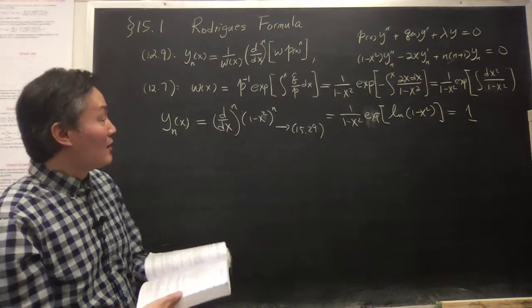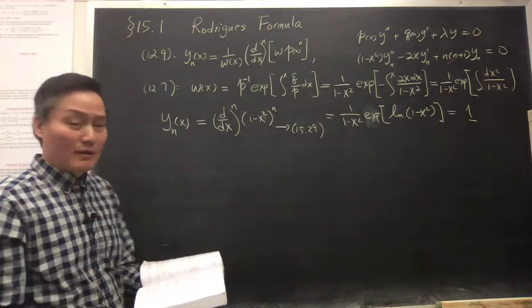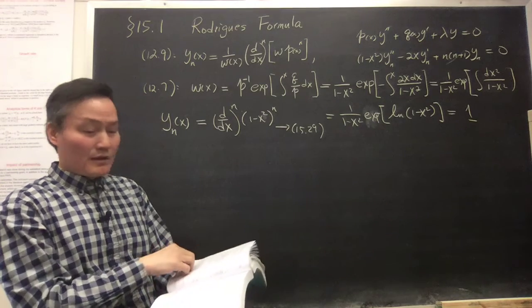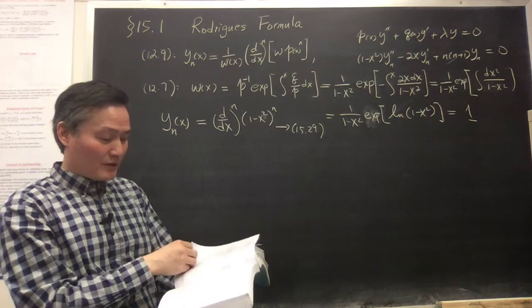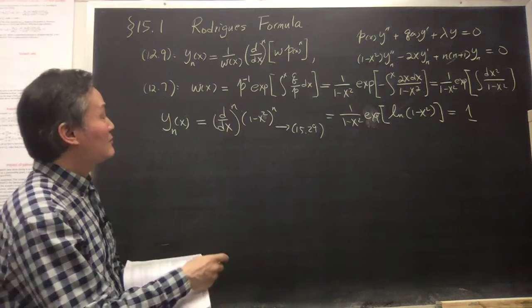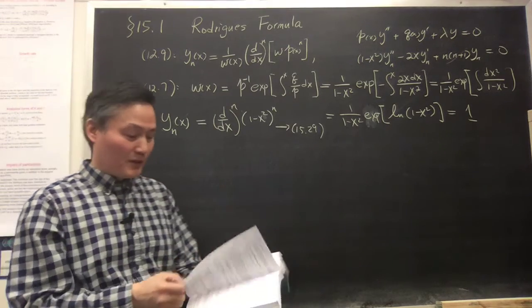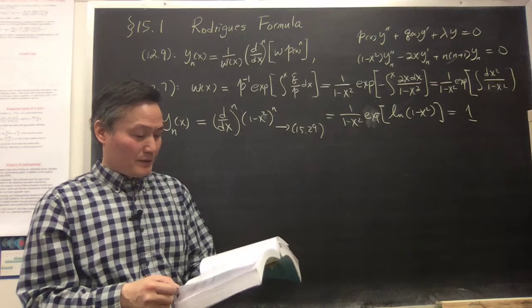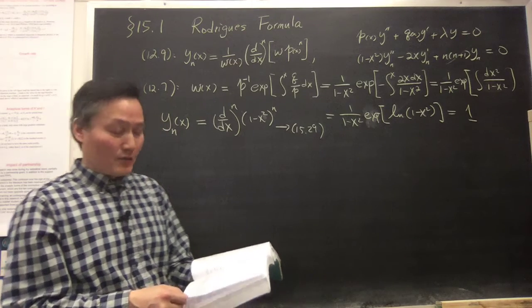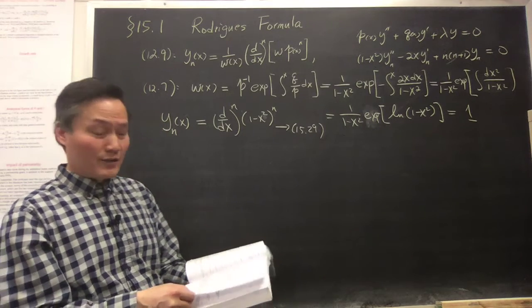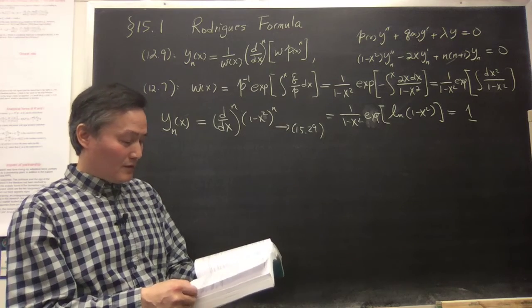And of course, this is different from the Legendre polynomial by a factor, because by convention, the Legendre polynomial is defined by the boundary value P at x equals 1 for all n.